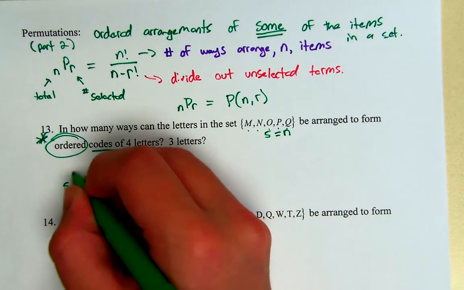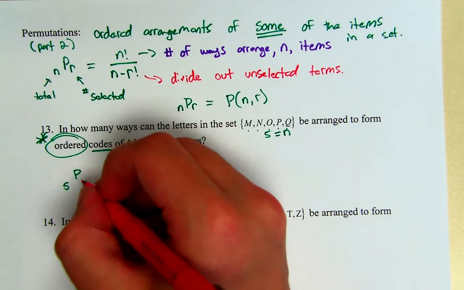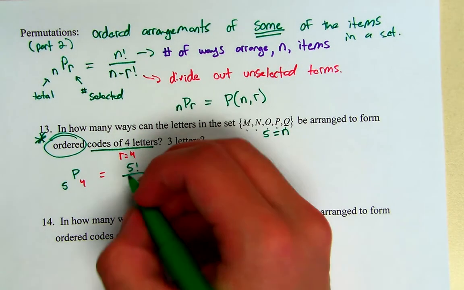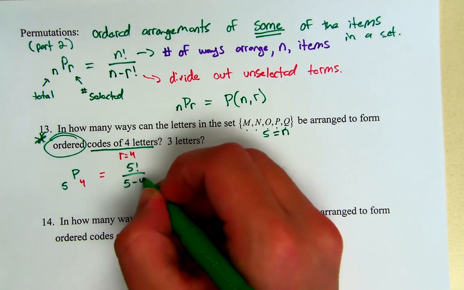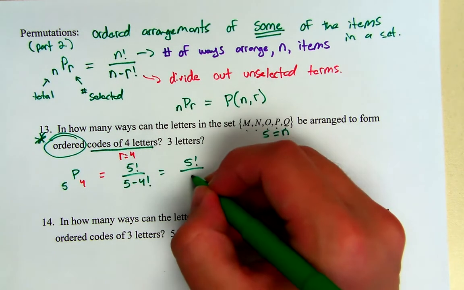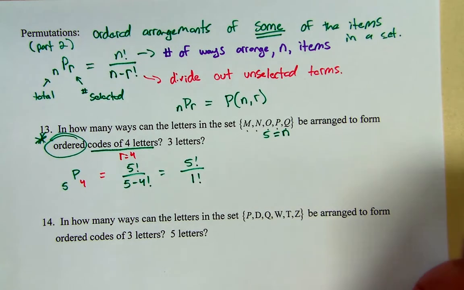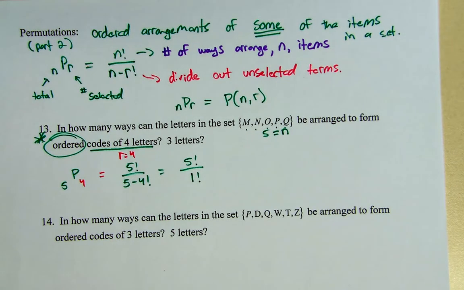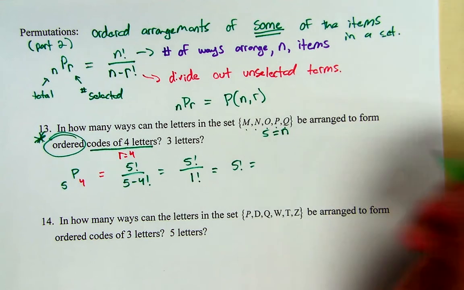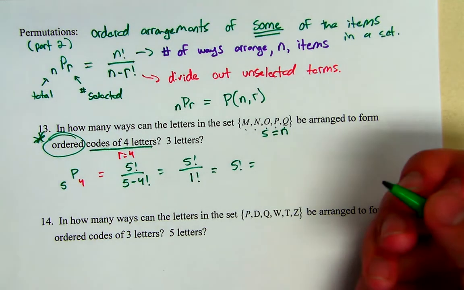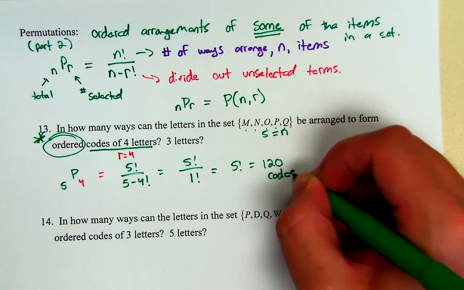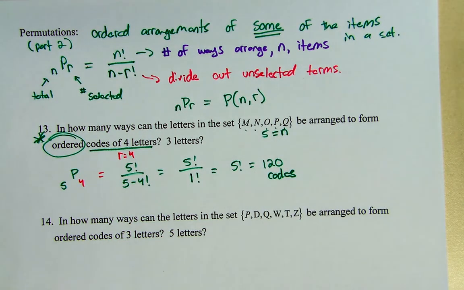So 5 pick 4 equals 5 factorial over 5 minus 4 factorial. Well, what is this really? It's 5 factorial over 1 factorial. Well, 1 factorial doesn't really matter. It's kind of gone. So this is really just 5 factorial, and we've done 5 factorial before. Technically, this is just 120 codes. Alright, so that's the first one.